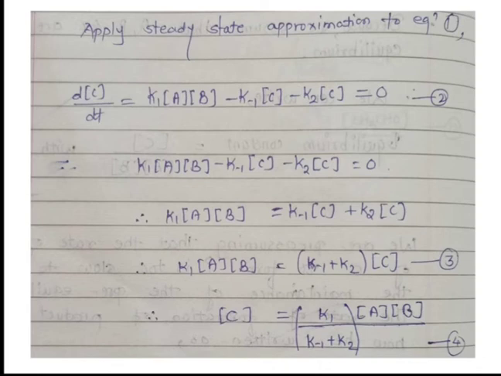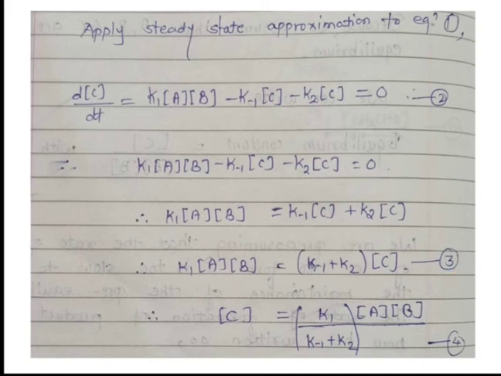So K minus 1 into concentration of C plus K2 into concentration of C. Now the left side remains as it is and in the right side the common term is concentration of C. So take concentration of C common. So in the bracket K minus 1 plus K2, bracket complete into concentration of C, and this one is our equation number 3.